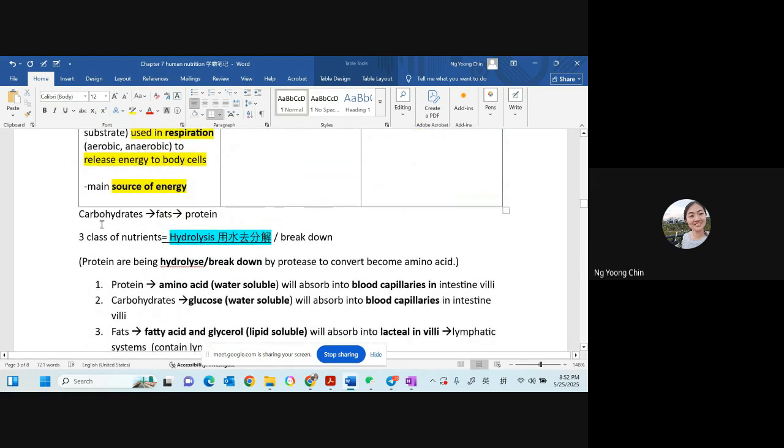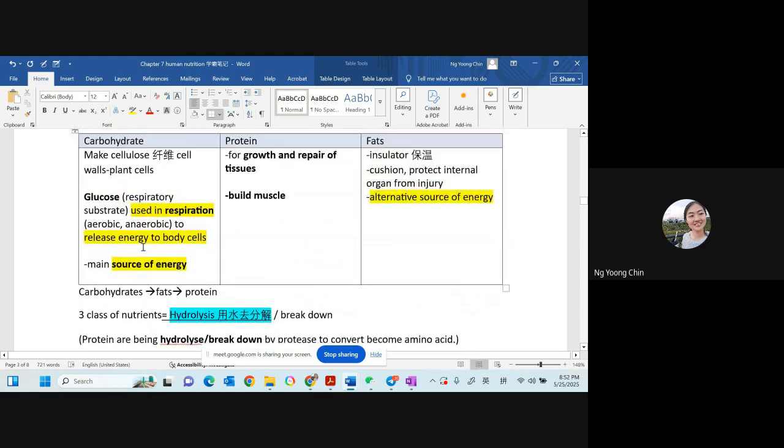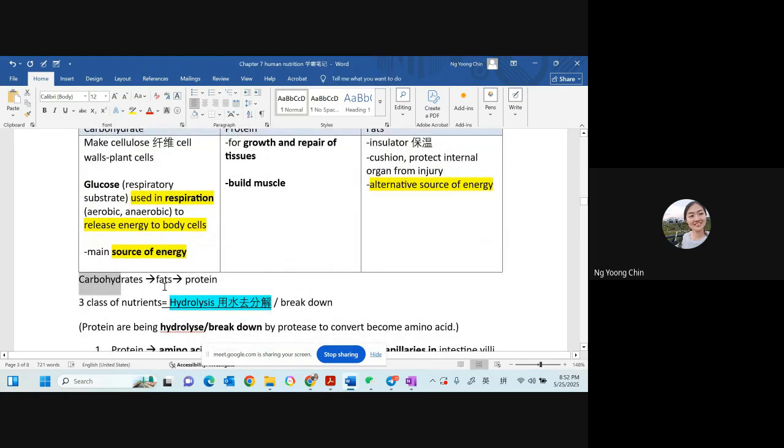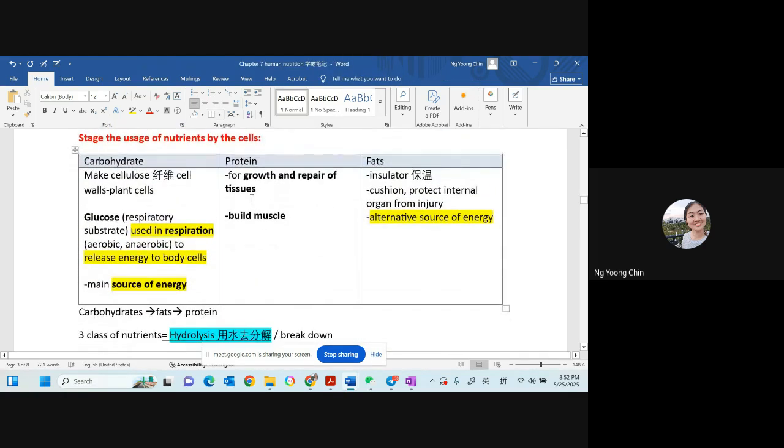So this is the sequence, okay, from the carbohydrate, fats, and proteins. Usually, your body will not break down the proteins to release energy. But if your body has already depleted the fat source, meaning the fats around your internal organs or under your skin are already fully depleted because you still didn't get enough food intake, right?